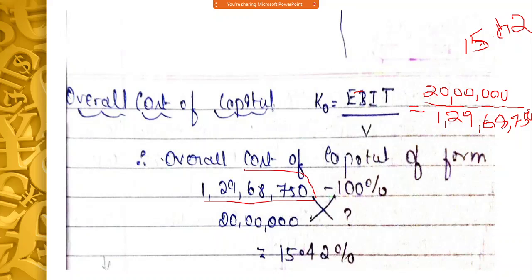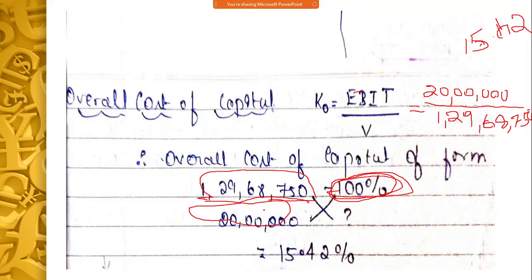It is 1 crore 29 lakh 68,750. It represents the 100% of the company. And on the other hand, you have EBIT. Right now, EBIT is nothing but it represents the overall cost of capital.